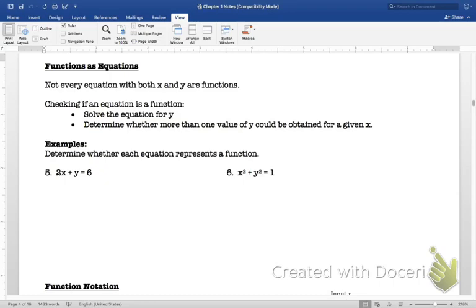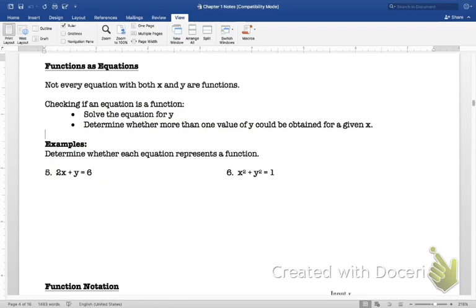Then whenever we talk about functions as equations, not every equation with both x and y values is going to be a function. So basically you want to solve the equation for y and determine whether more than one value of y could be obtained for the given x.